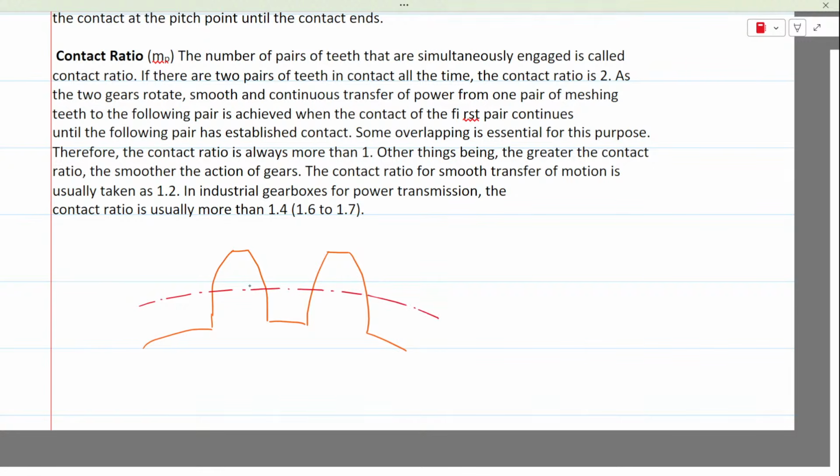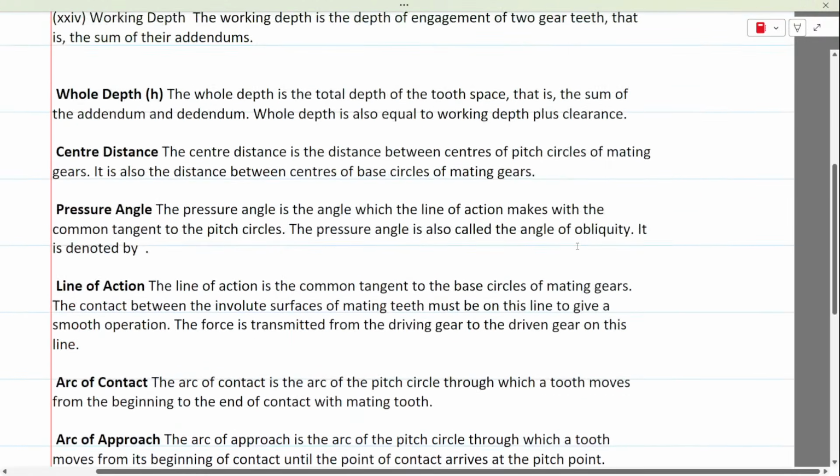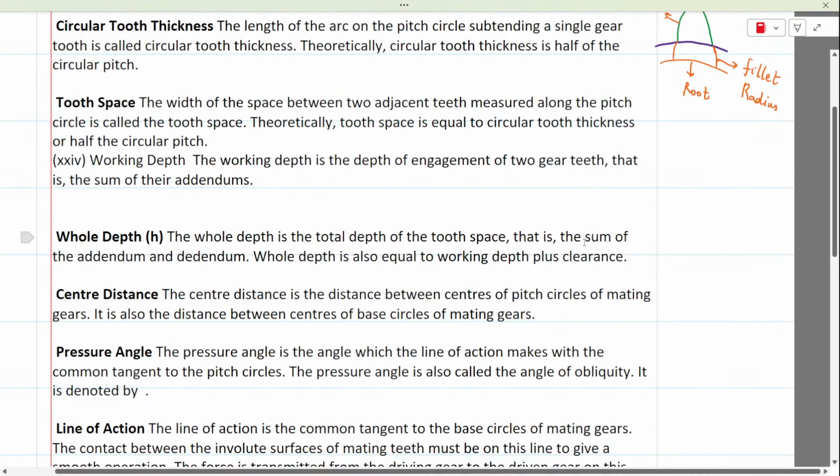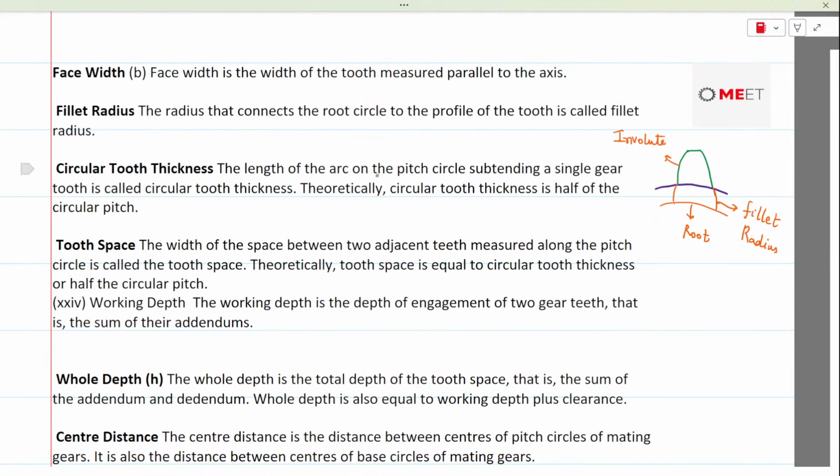Along the pitch circle, this portion is called tooth thickness, and this portion is called tooth space, that is, the distance between the adjacent teeth. So circular tooth thickness is the length of an arc on the pitch circle subtending on a single gear tooth.